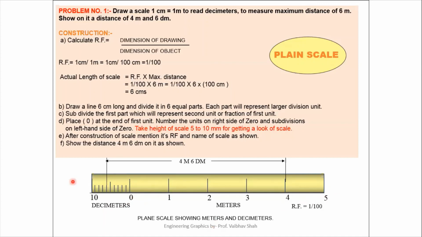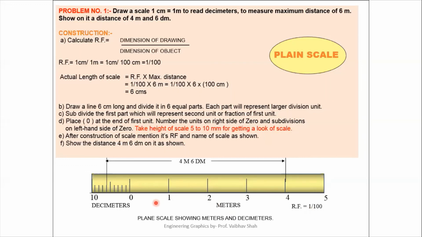Now you will be drawing one vertical line from the two ends. This vertical line can be either 5 mm or 10 mm. I will suggest always drawing this 10 mm vertical line and completing this rectangle. After completing the rectangle, we'll specify units here: decimeters, meters and RF.